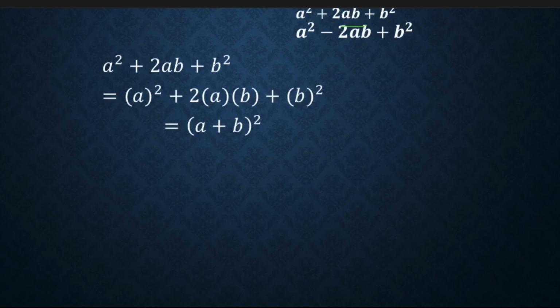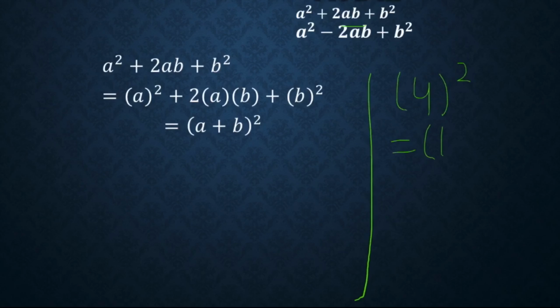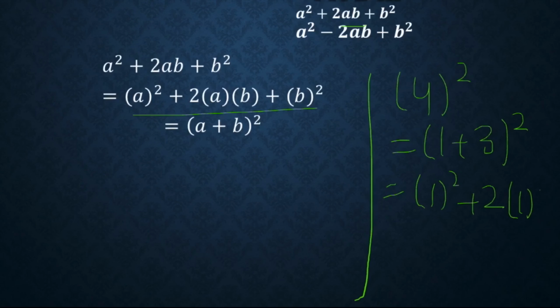Students, now I will give you an example. Let's say we have 4 whole square. What can we do? We can write it as 1 plus 3 whole square. Why? Because 1 plus 3 is 4. Now applying this formula, 1 whole square plus 2 times 1 times 3 plus 3 whole square.